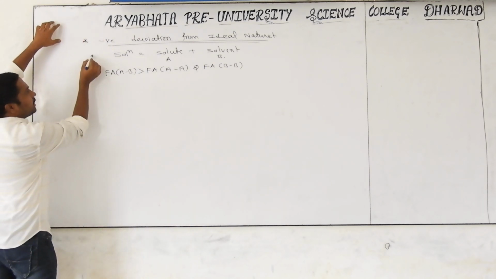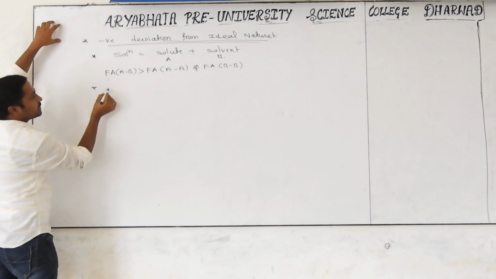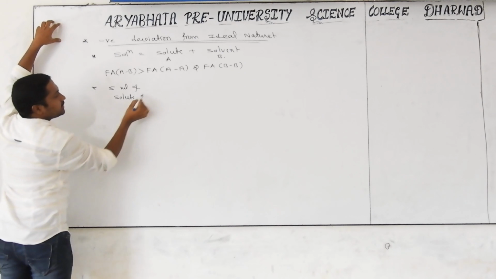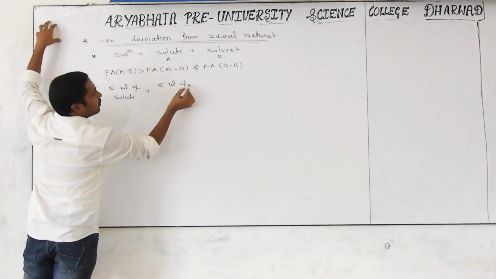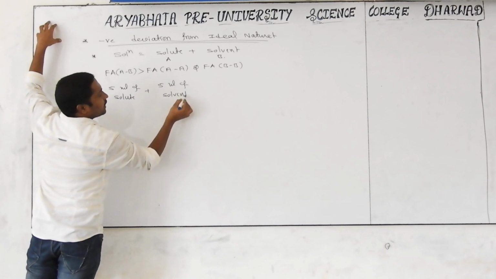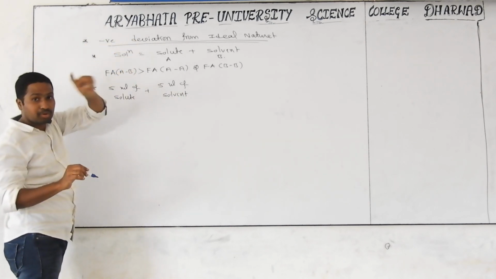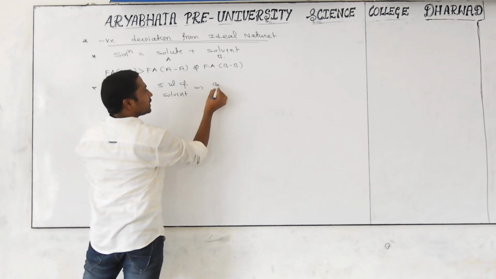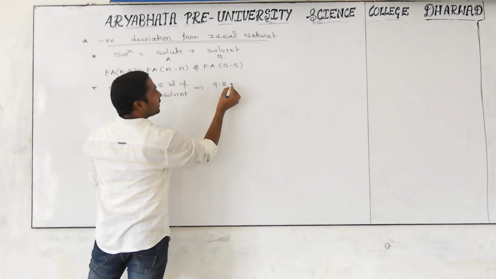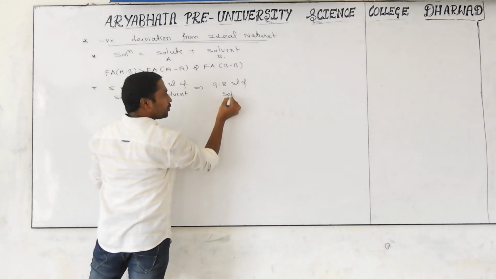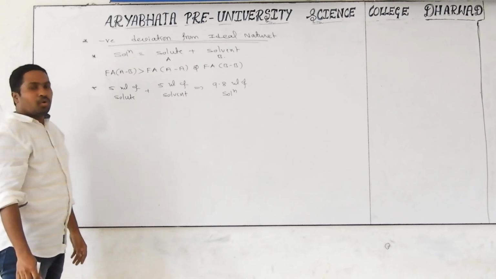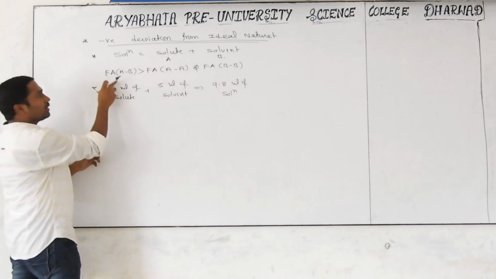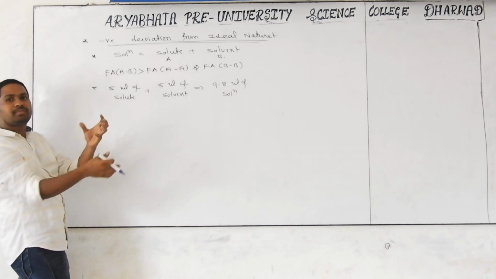First point. For example, 5 ml of solute is mixed with 5 ml of solvent. This is also asked in the board examination as a question. After mixing 5 ml with 5 ml, I get, for example, 9.8 ml of solution. Is it possible? Possible. Why? After mixing, the solution volume will be less because the force of attraction in the solution is more.